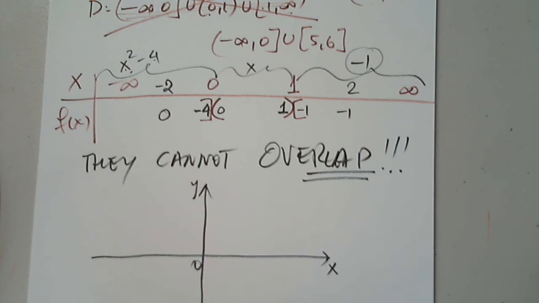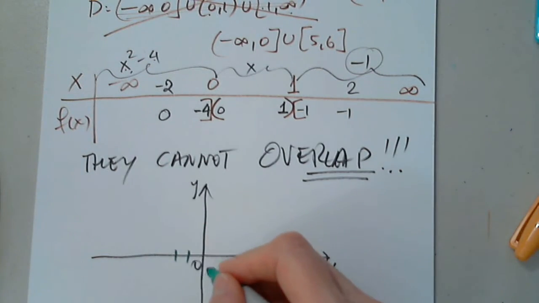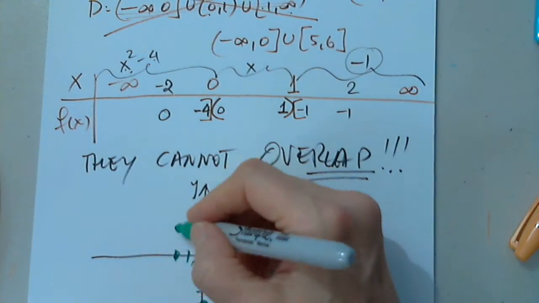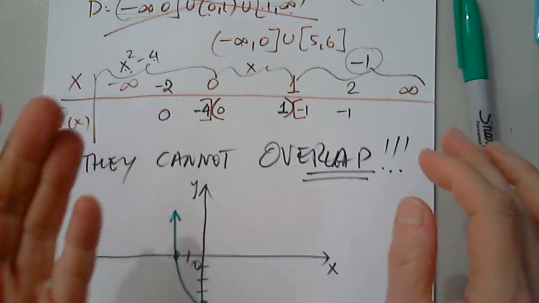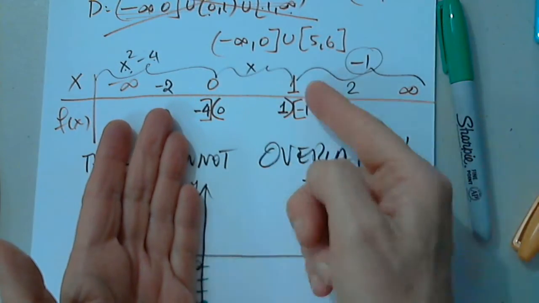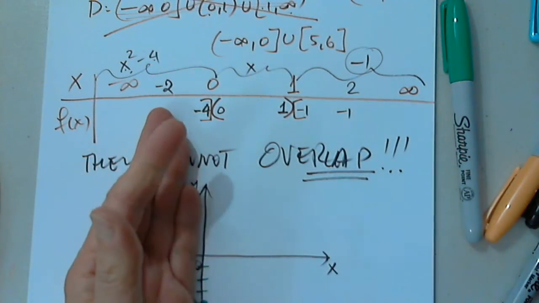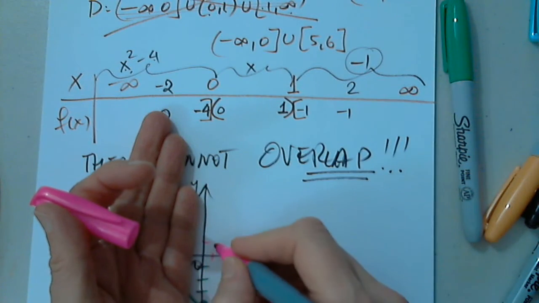So next, I'm going to use green for -2, 0, which I know how to graph. It's quadratic. I'm done. Now I graph in the middle. This is a linear function, 0, 0. I don't know if this is a good color. So 1, 1, right?